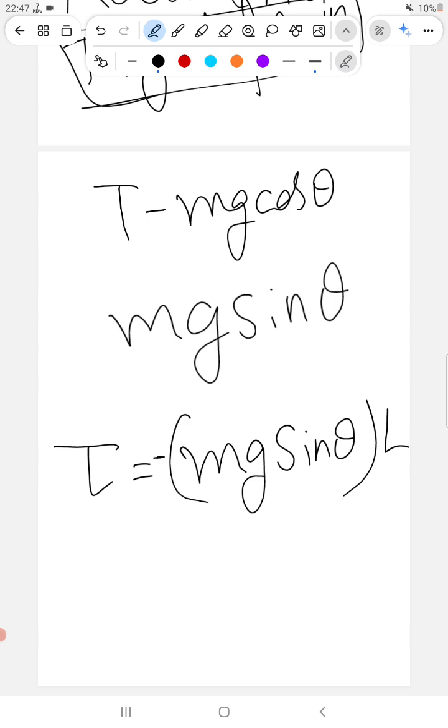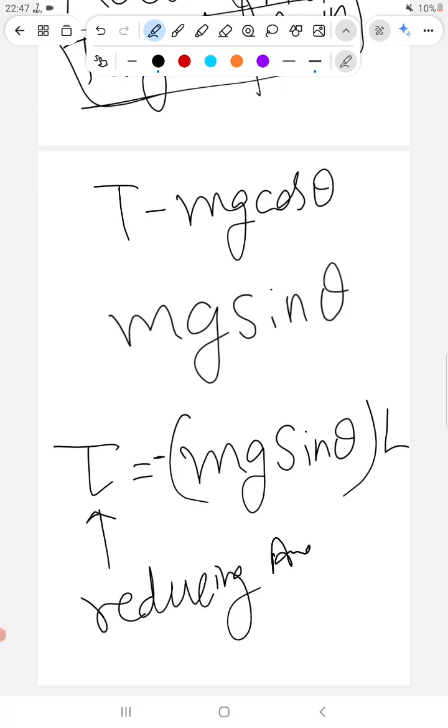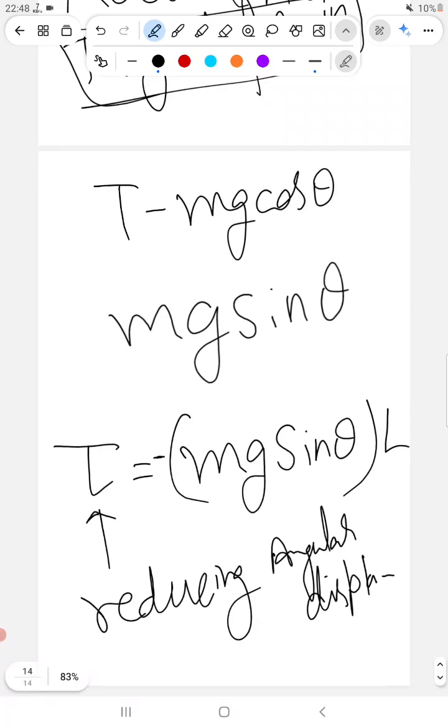It is not increasing the angular displacement, this torque is reducing the angular displacement, so I am taking tau as negative.